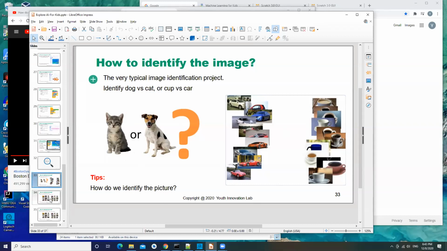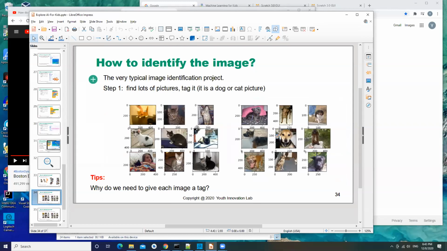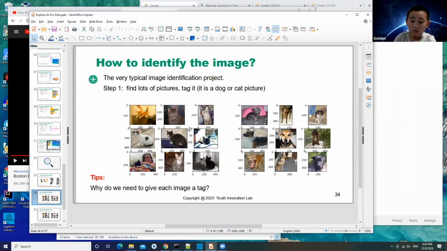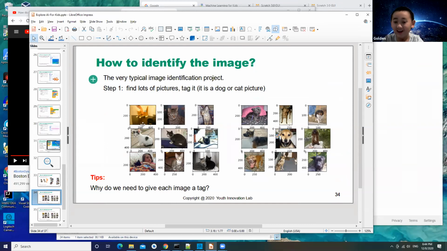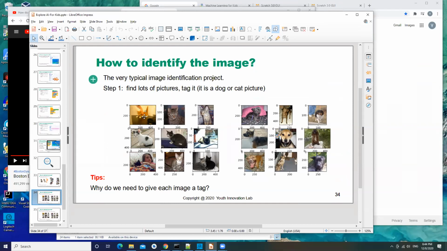Okay, so what we are really doing here is that we break it down into steps. So thinking about computational thinking, right? How can we break it down into steps? So the very first is that you have a lot of pictures. For example, the left group are all cats, right?